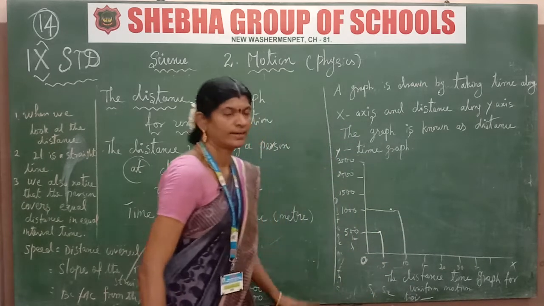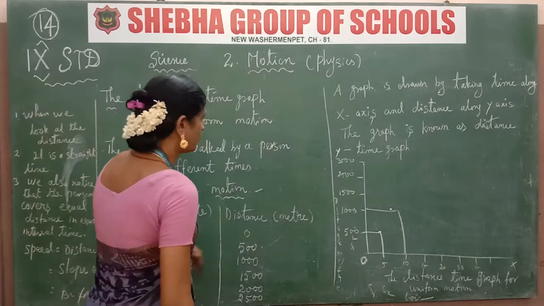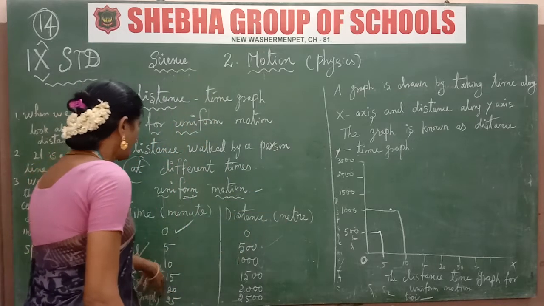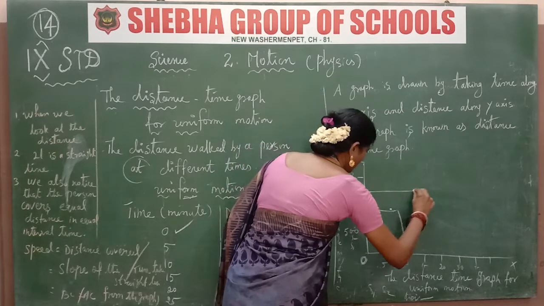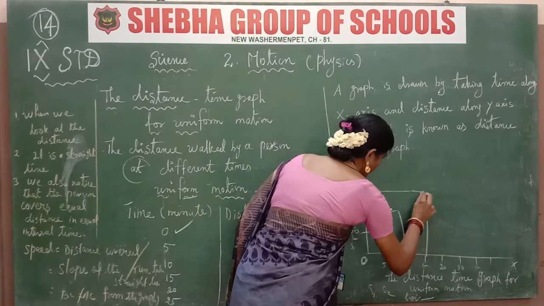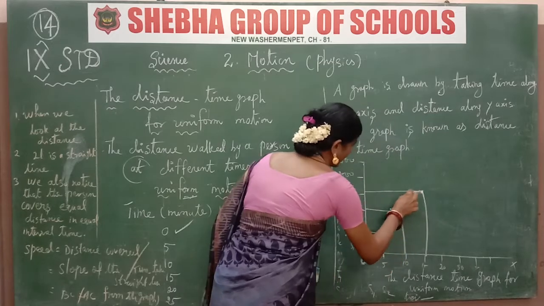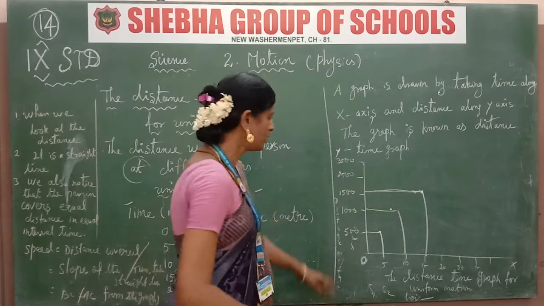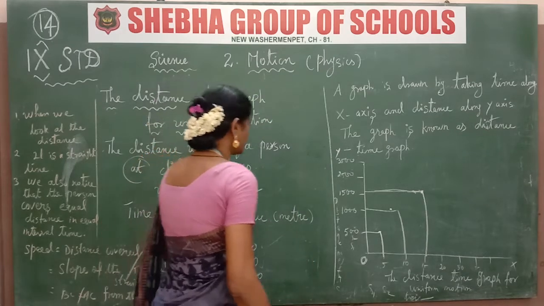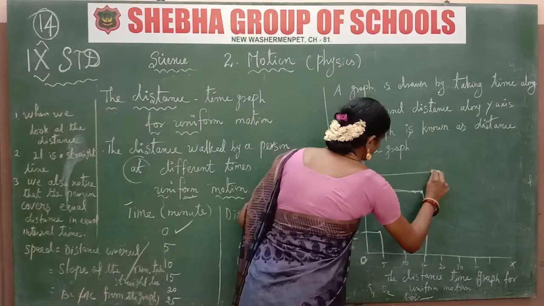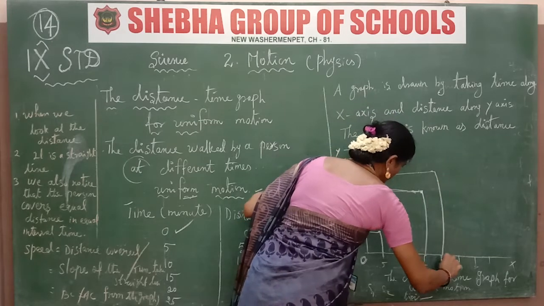It's clear. Next, the graph is known as the distance-time graph. 15 minutes, 1500. Use a scale and draw the line. Next, 20 minutes and the distance in meters.